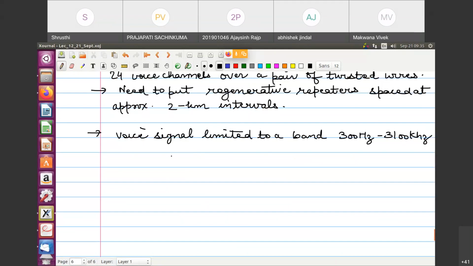So we first pass it through a low pass filter with a cutoff frequency. This we have already known. This is called the anti-aliasing filter, that you pass it first.